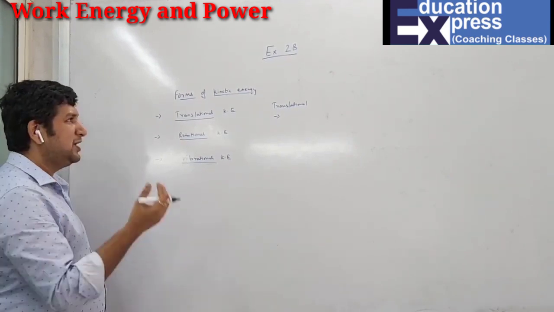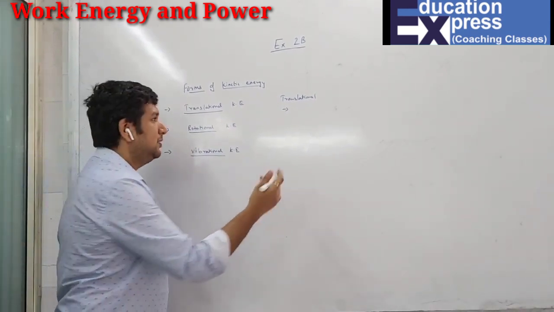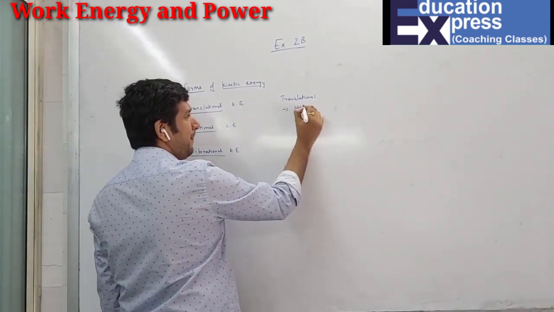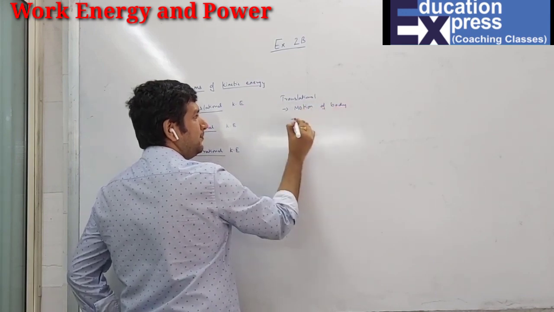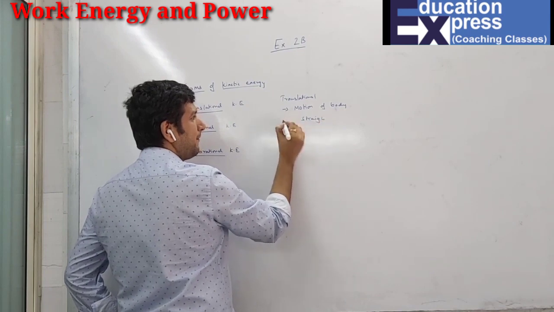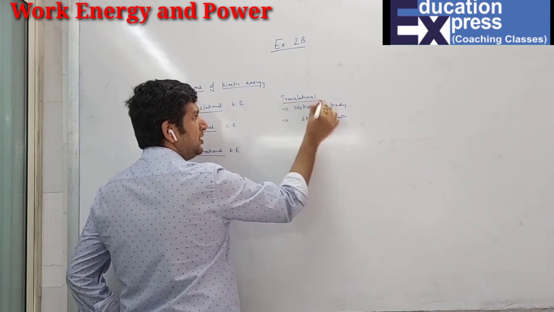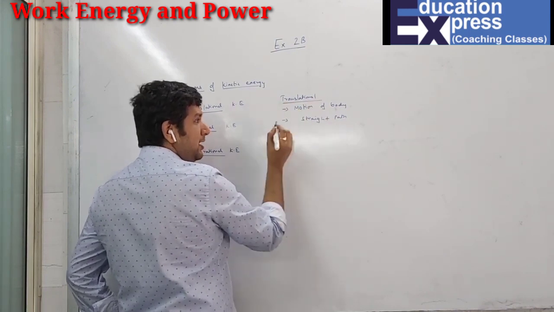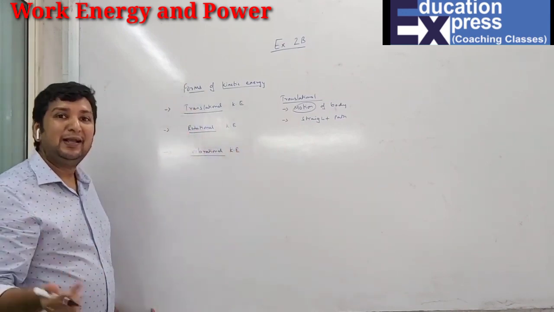The first is translation, which means the motion of the body in a straight path. So students, understand, motion of the body in a straight path is said to be translation motion. Now as it is moving, the moving body will have which energy? Kinetic energy.